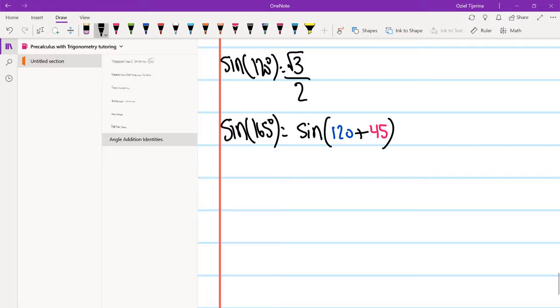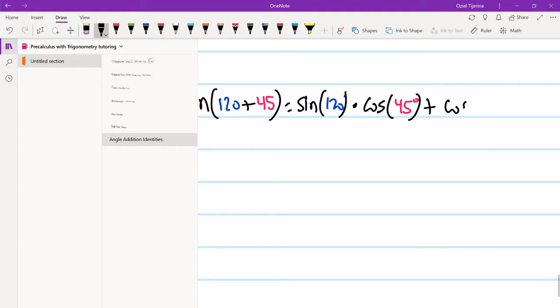So you would say sine of x cosine of y, so it would be sine of 120 times the cosine of 45 degrees, plus the cosine of, I think it's sine of x cosine of y plus cosine of x sine of y, so it would be cosine of 120 times the sine of 45 degrees.